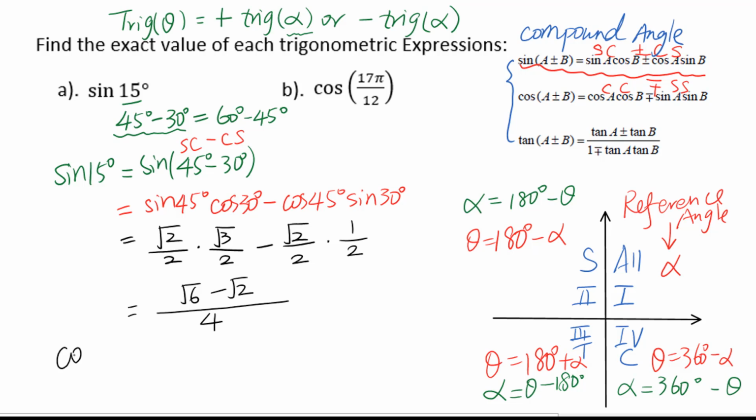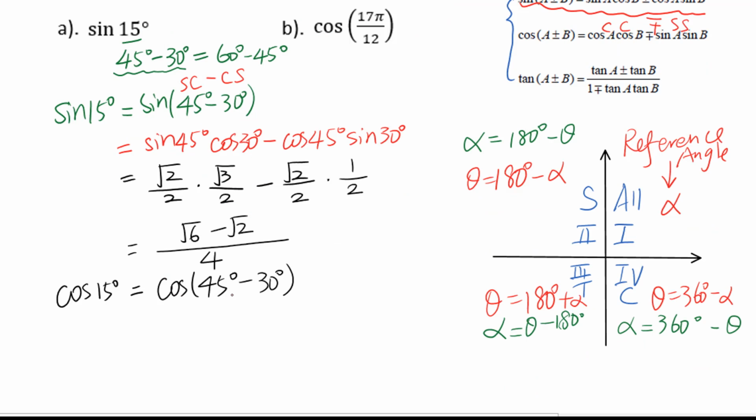For cosine 15 degrees, we will use cosine of 45 degrees minus 30 degrees. That is CC plus SS. So we get cosine 45 degrees cosine 30 degrees plus sine 45 degrees times sine 30 degrees.